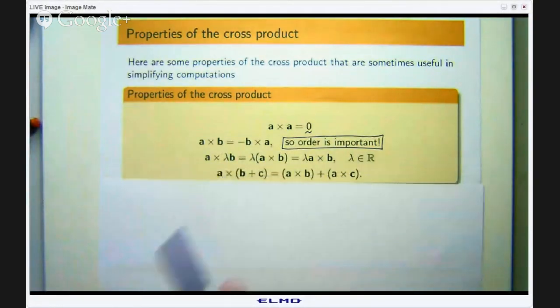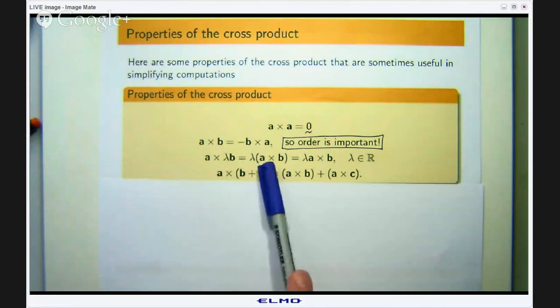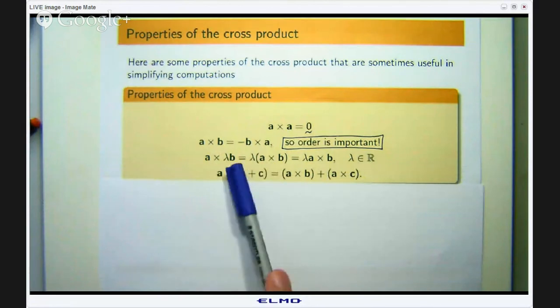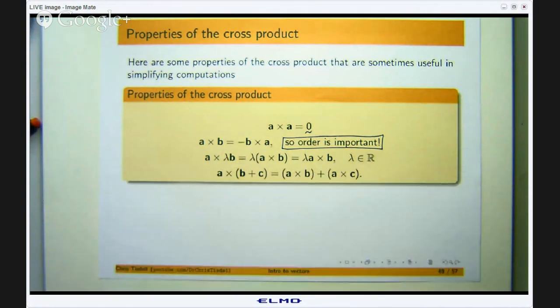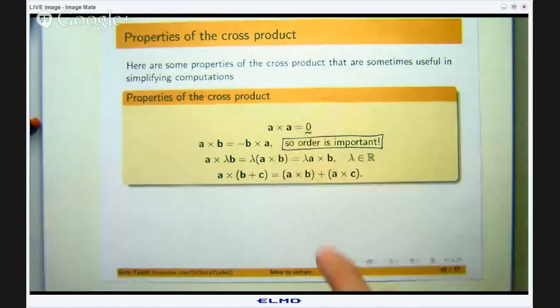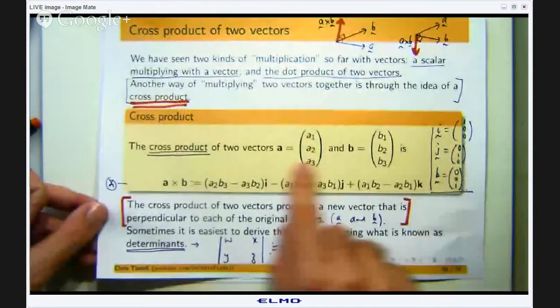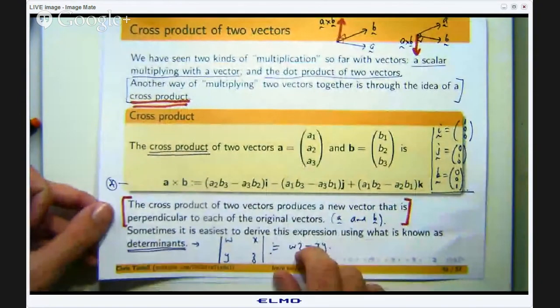And finally, here's a distributive law for the cross product. It doesn't matter if I add these two vectors together first and then do the cross product, or if I take the cross product separately, preserving the order, and then add them together, you should get the same answer. If you want a nice exercise, try proving these from the definition of the cross product.